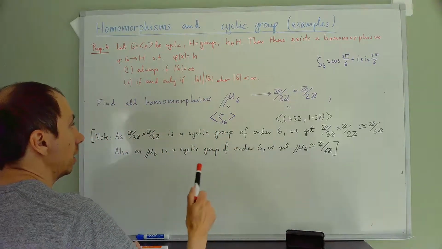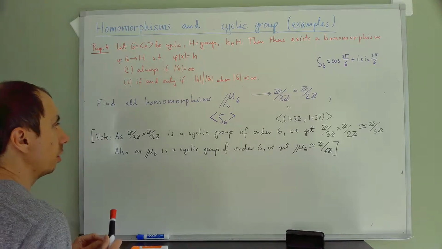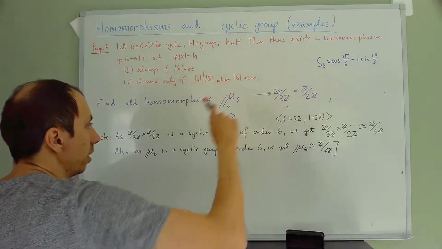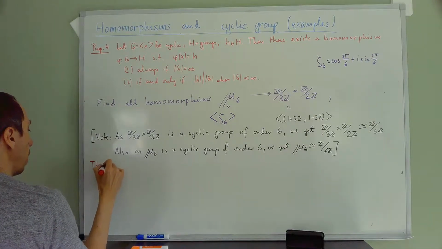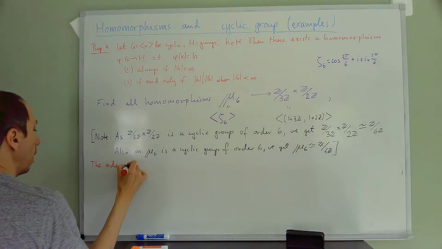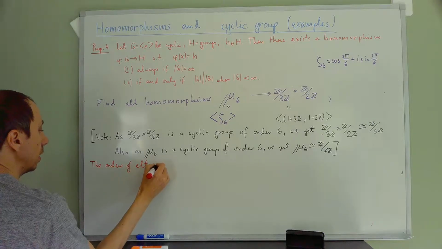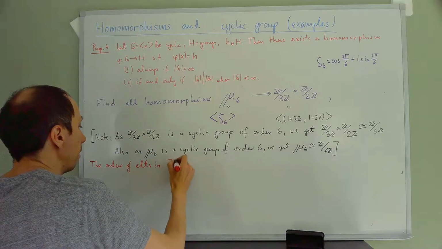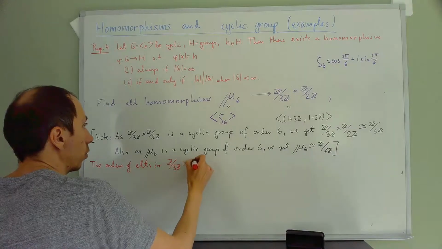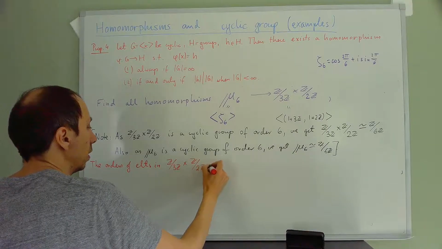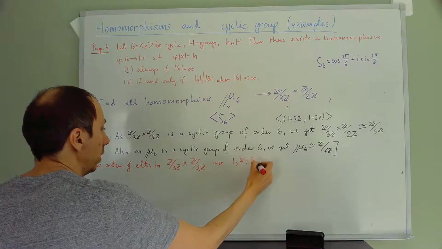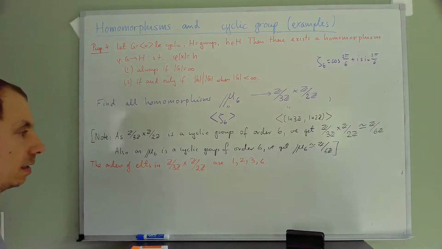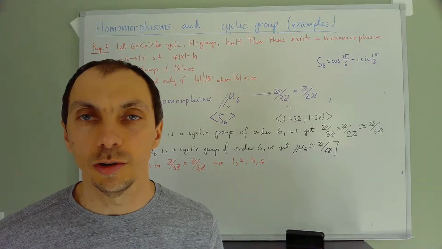So for that, we need orders of the elements here, but we already know the orders of elements in Z mod 3Z cross Z mod 2Z are 1, 2, 3, and 6. We listed all the elements, and these were all the possibilities.